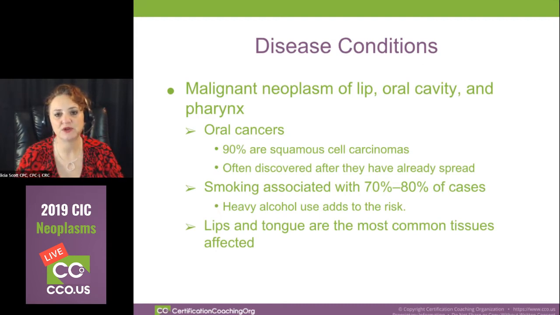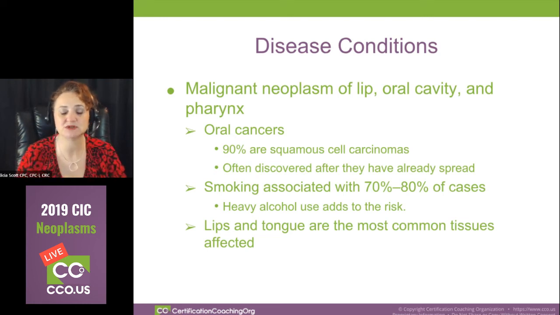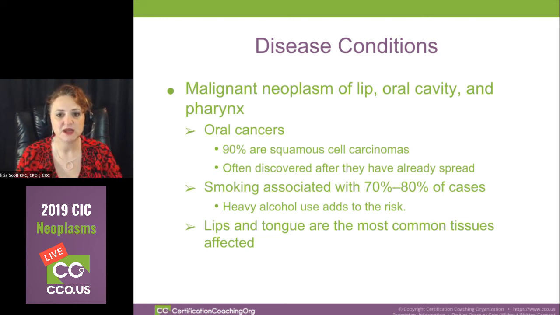90% of those oral cancers are squamous cell carcinoma. Squamous cell carcinoma can be benign, but how small is this area, right? If you get a squamous cell carcinoma right here, and it just keeps growing, you're going to have a big old giant mole sticking on your face, right? Certain types of squamous cell carcinomas can eventually turn into cancer.